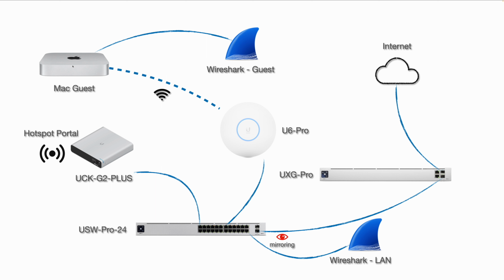It will be listening to the Ethernet frames from the guest machine's perspective. The other one will be monitoring LAN communication for the gateway. And then we will understand how these devices, the guest machine, the AP, the hotspot portal, the gateway, and the internet, work together to achieve this magical process.